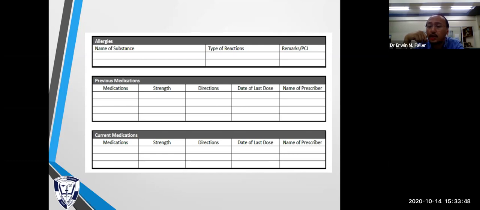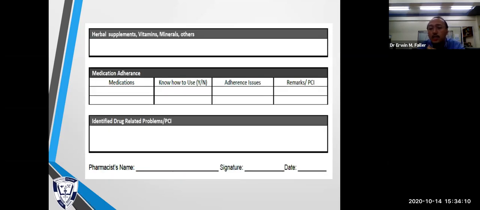So you take note of the strength, the direction, the date of last dose, the name of the prescriber, if there's any. If none, then you leave it as a space. Because some patients may forget the date of the last dose or the direction, and so on. Okay? So it's very important to take note of the current and the past.